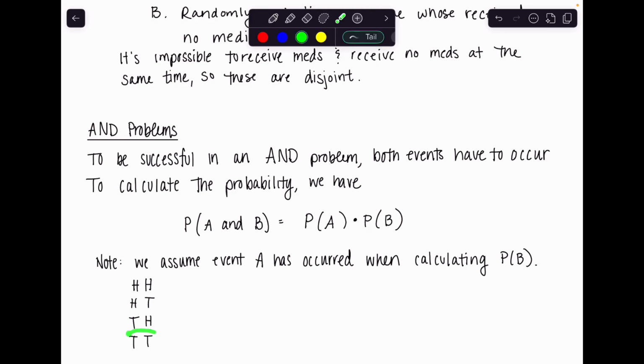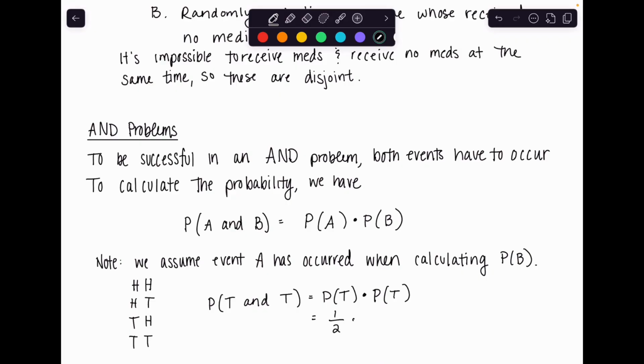So if I want the probability of getting a tails twice, there is one way that happens out of 4 possibilities. But thinking about this with multiplication, if you want the probability of getting a tail and a tail, you take the probability of the first event, which is a tail, times the probability of a second event, which is a tail.